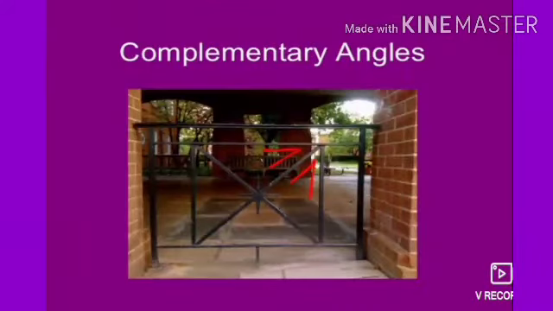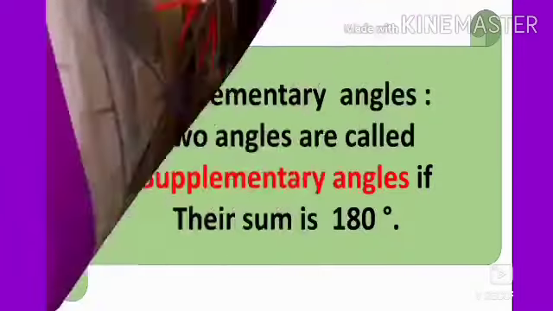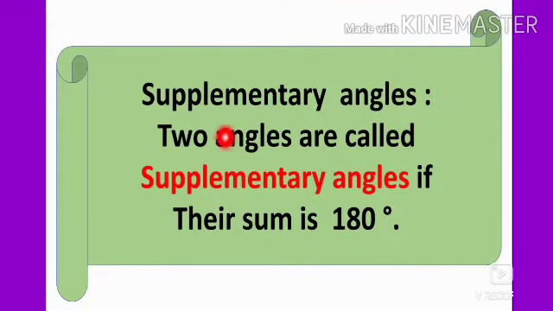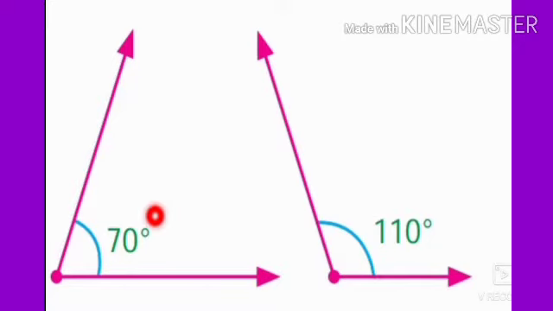Here, one more example of complementary angles. So, now, supplementary angles. Two angles are called supplementary angles if their sum is equal to 180 degree. For example, observe the sum of measures of the angles 70 degree and 110 degree given in the figure.